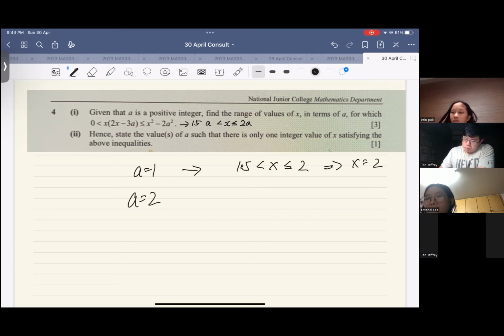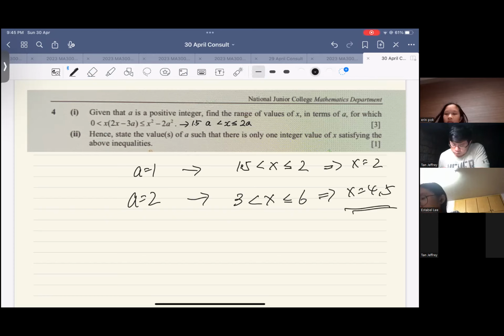If A equals 2, then this is between 3 and 6. Wait, never mind. I think I made a careless mistake. It's okay, I get it. Yeah, I got it. Why can A be 2? No, because I put 1.5 less than or equal to X.